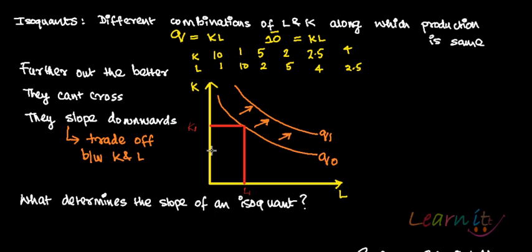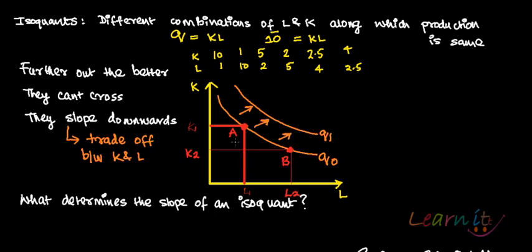Okay. Now, supposedly if I move to this point, it is K2 and this is L2. So this is, say, point A and this is point B.